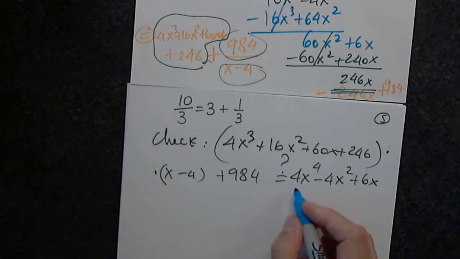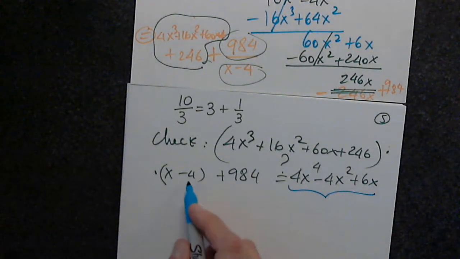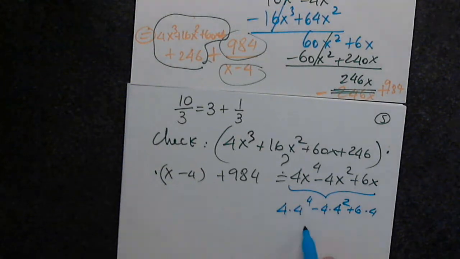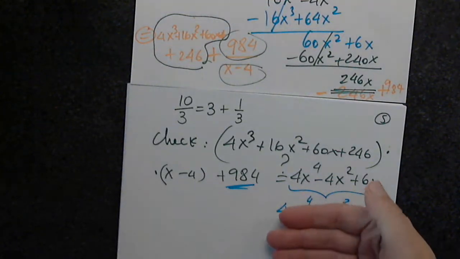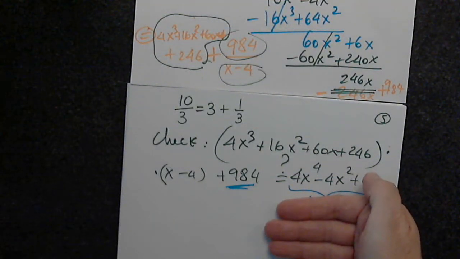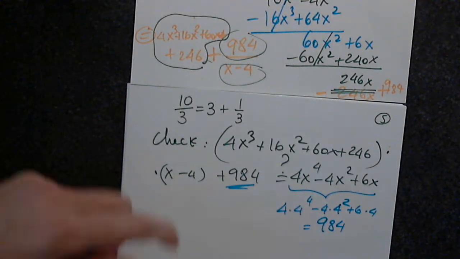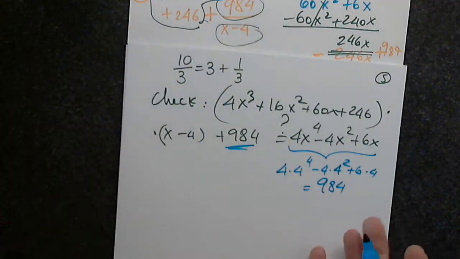So I would plug in positive 4: 4 times 4 to the 4th minus 4 times 4 squared plus 6 times 4. If this answer is the remainder, then the solution is correct. But we haven't talked about these two theorems, so we can't do that.